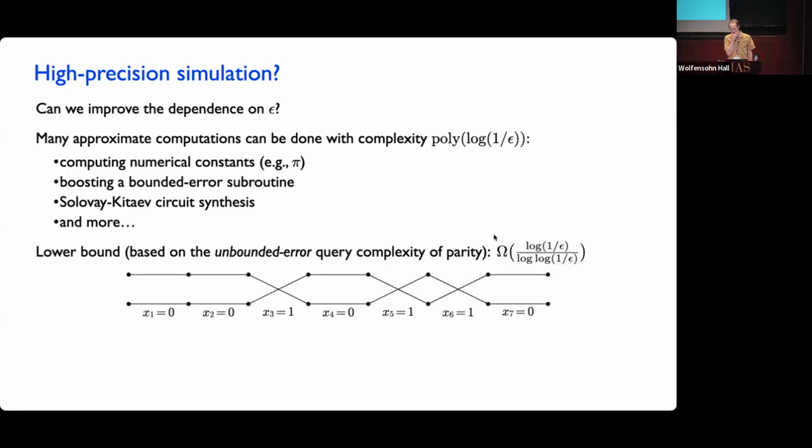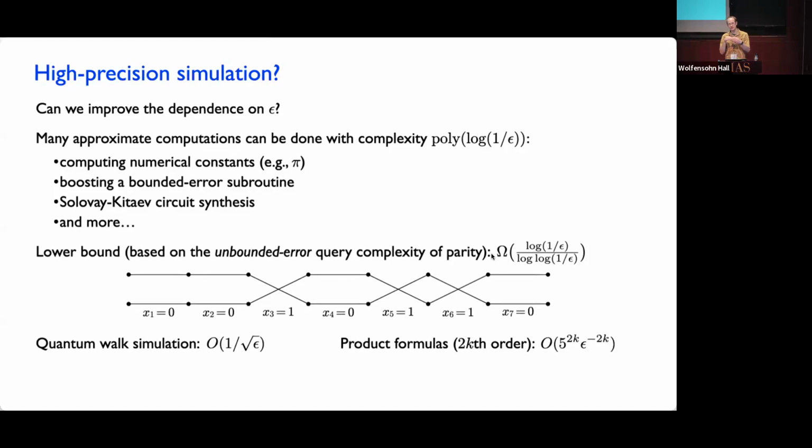The way that this works relates to what is known about the complexity of computing parity, but now for the unbounded error query complexity of parity. If you want to compute the parity of a bit string, even getting a very slight advantage over random guessing is very hard. There are bounds that say even that is very difficult.